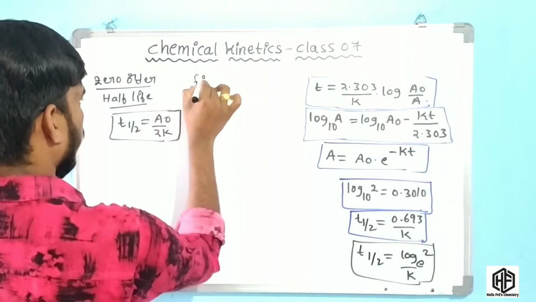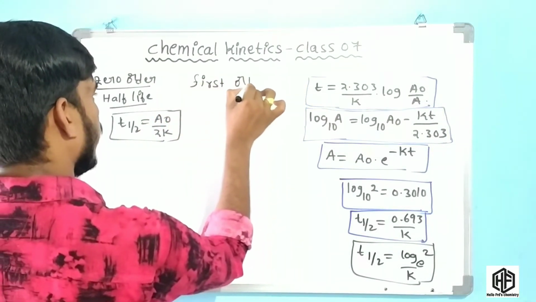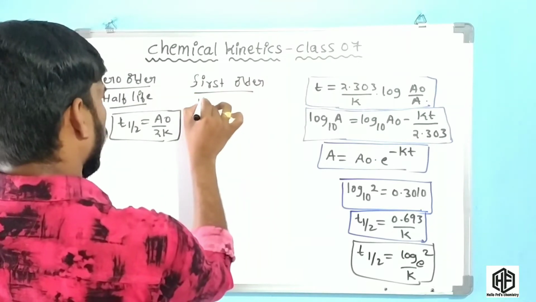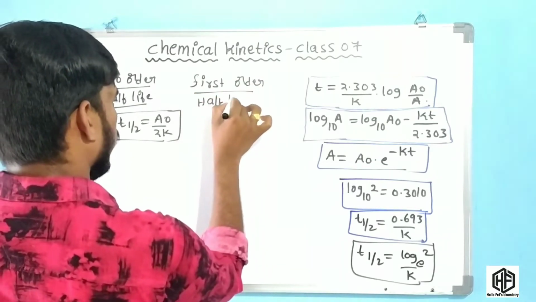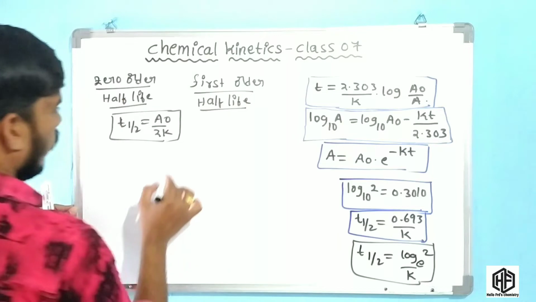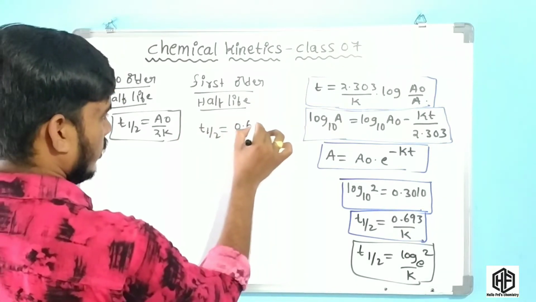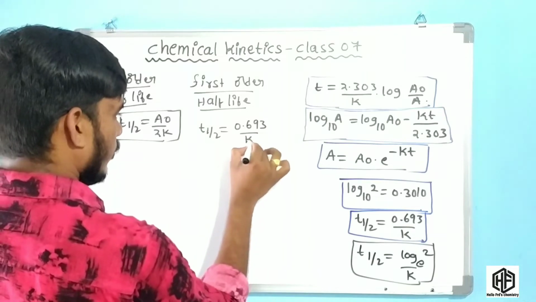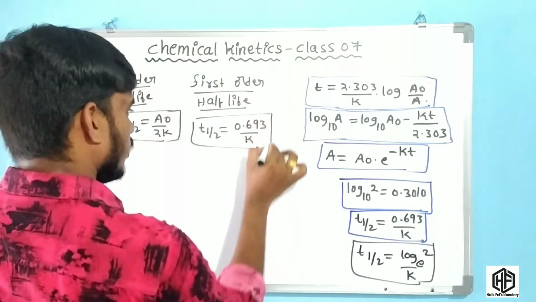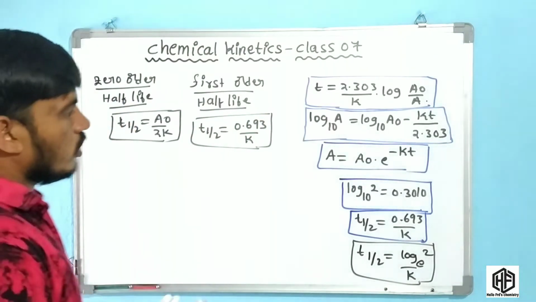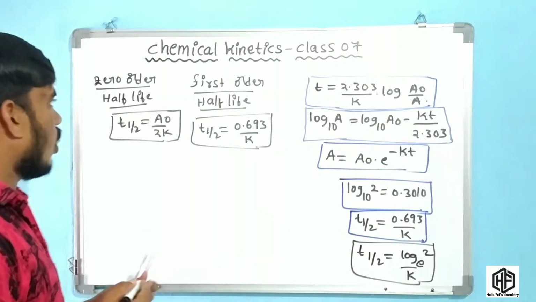In first order, the half life, friends, first order half life t half is equal to 0.693 by K.